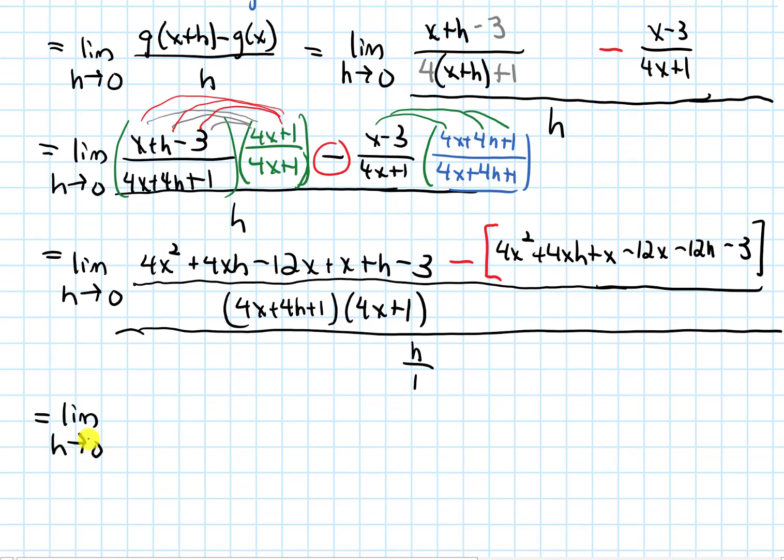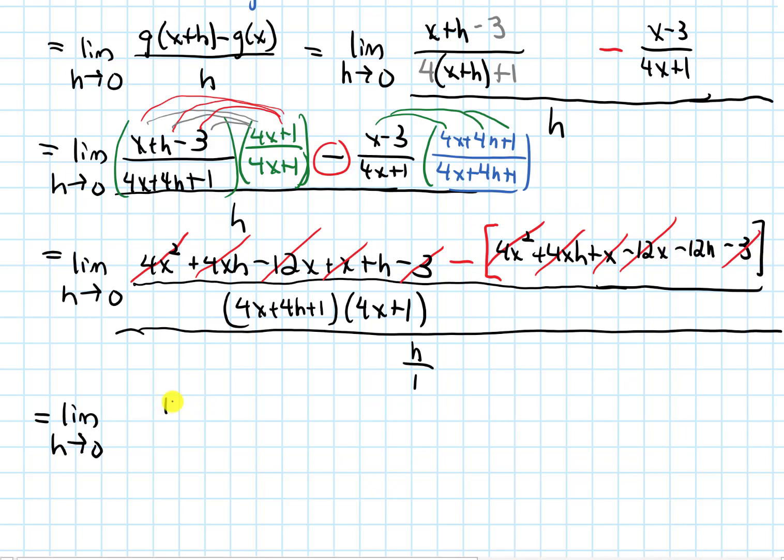Now a bunch of cancellation is going to happen when we distribute that negative sign. The 4x squareds are going to cancel, the 4xh's are going to cancel, the minus 12x and this plus x cancel, and the minus 3's cancel. That is super nice. The only thing that does not cancel is this h, and then I'll get a minus negative 12h. The double negative becomes a positive.